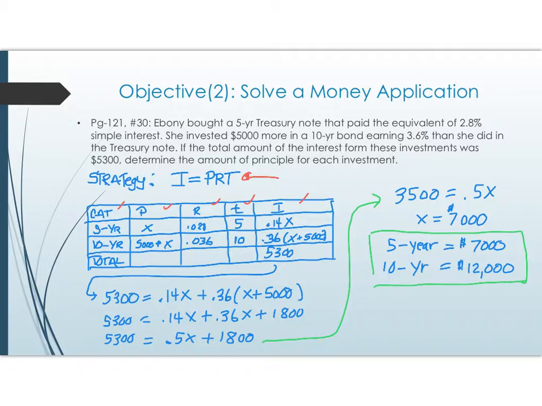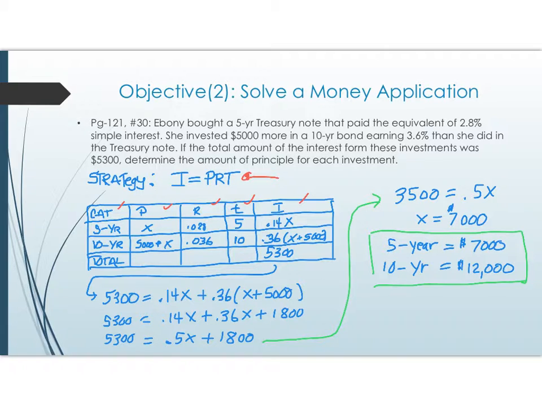I let that equal x. And then for the 10-year, it's 5,000 plus x. For the rate, I get 0.028 for the 5-year and 0.036 for the 10-year. The time is 5 years, obviously, for the 5-year Treasury note, and 10 years for the 10-year bond.